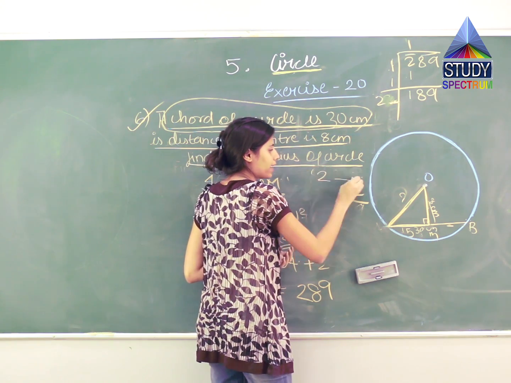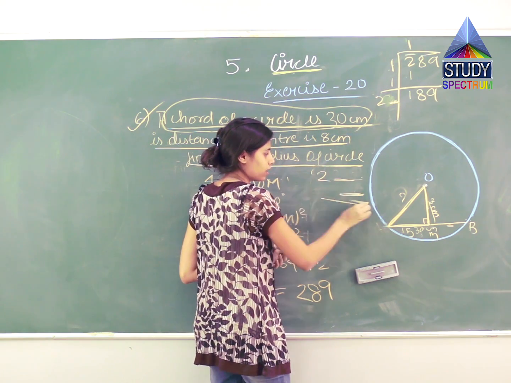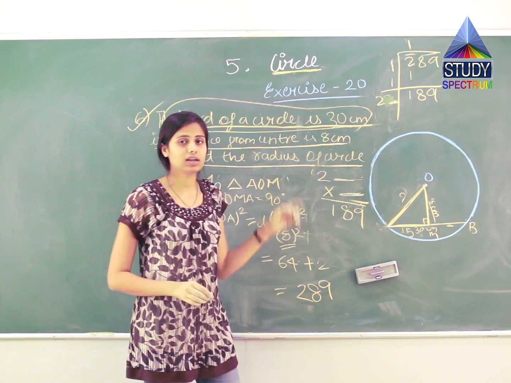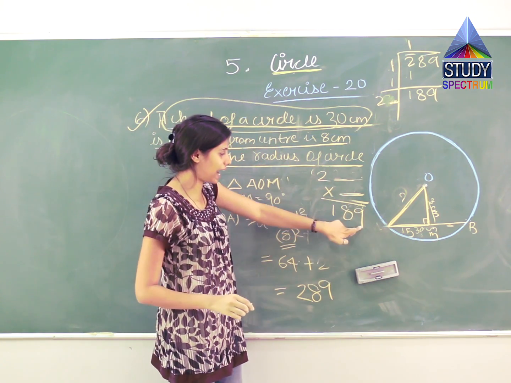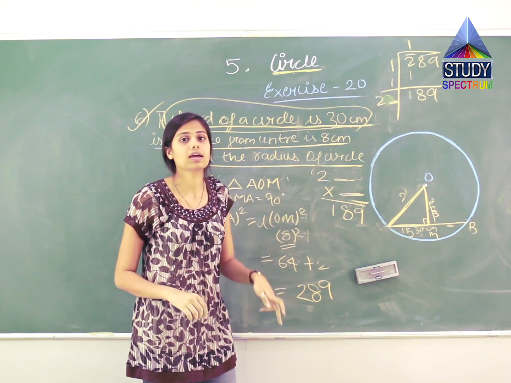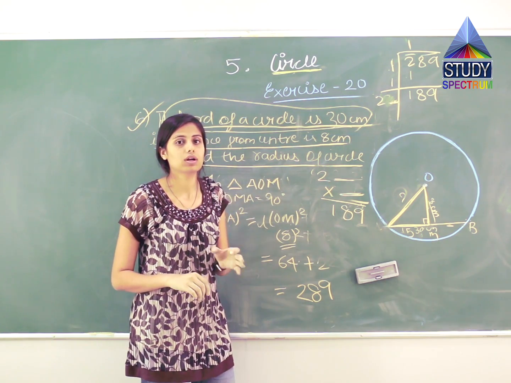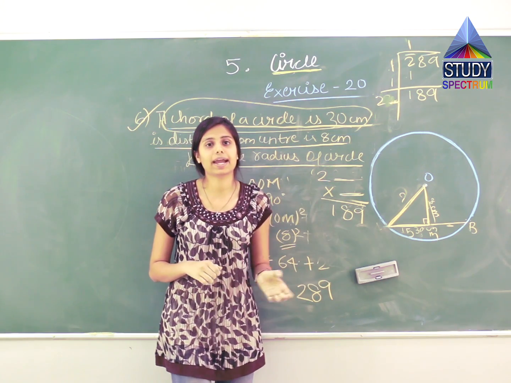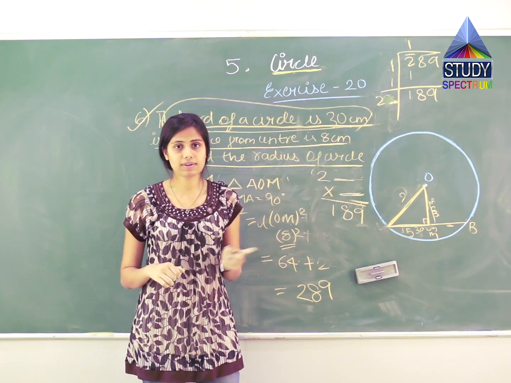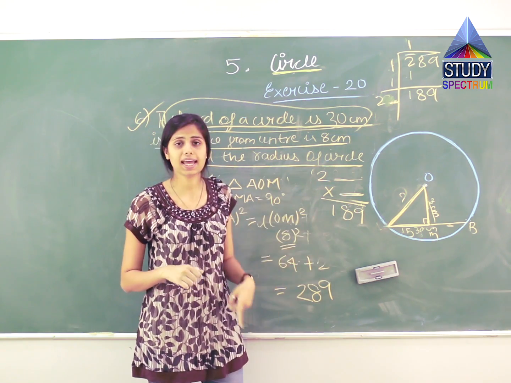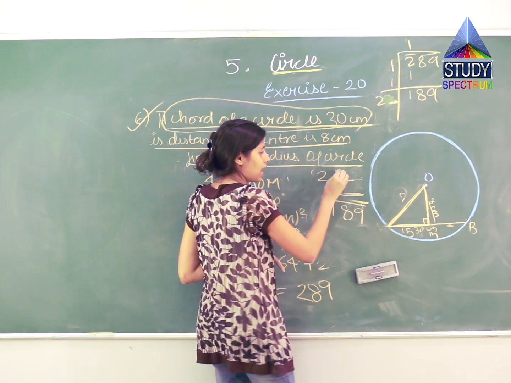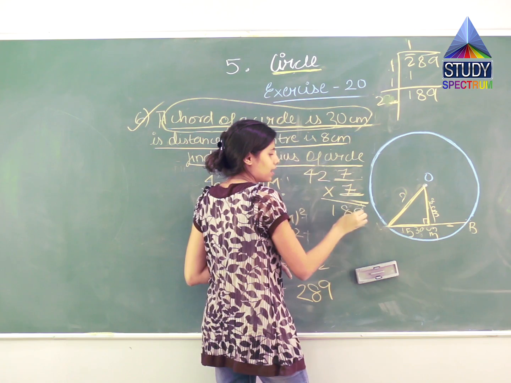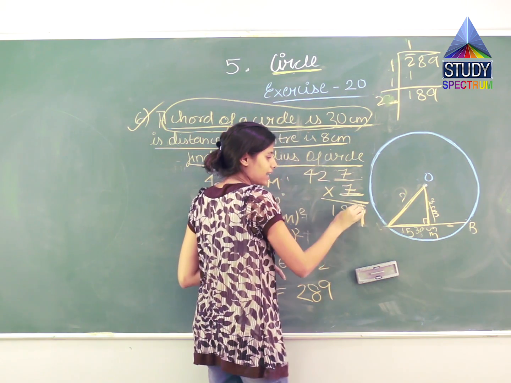I'll write 2 and a dash over here and a dash over here. Multiplying both, I need 189. I can write 3 because 3 3s are 9, and at the end I need 9, but that number will be too small. So we move on further. Which square has 9 at the end? 7 7s are 49, which has 9 at the end. So let us try 7. 7 7s are 49, so this 9 is right.